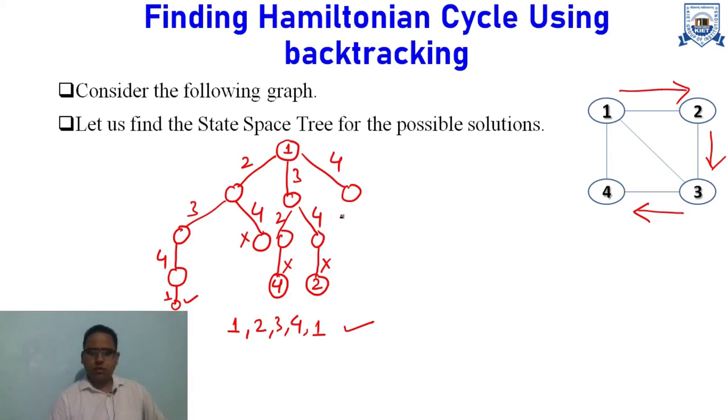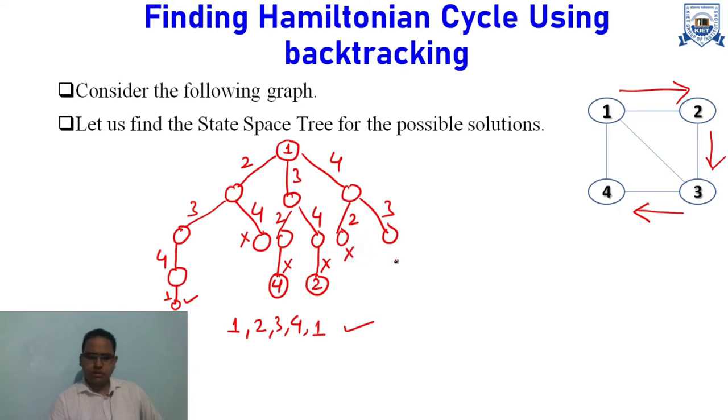From 1 to 4, the path is there. Again for 4, what possibilities do we have? Either we can go to node 2 or we can go to node 3. From 4 to 2, there is no path, so this is our bounding condition.